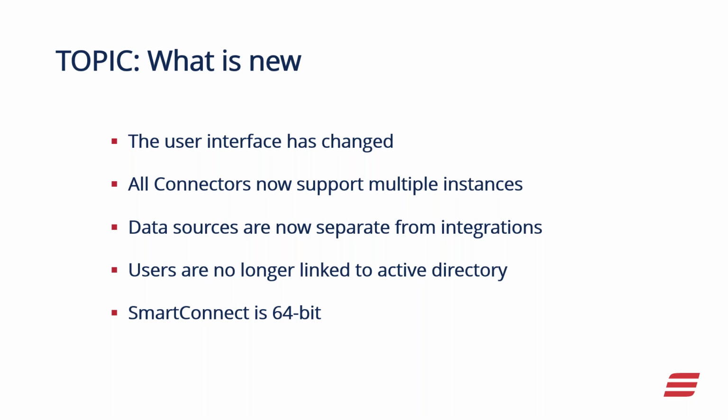And another highly requested feature that is now available is SmartConnect 64-bit. It's been 32-bit up to this point, which means that we sometimes run into memory limitations, but now your limitation is going to be your server. So if you keep throwing RAM on your server, SmartConnect can actually eat it up now. Before it would be limited.